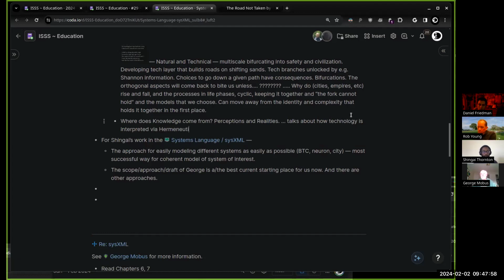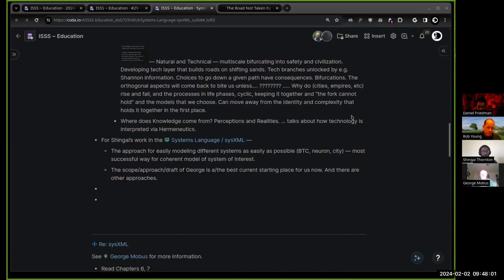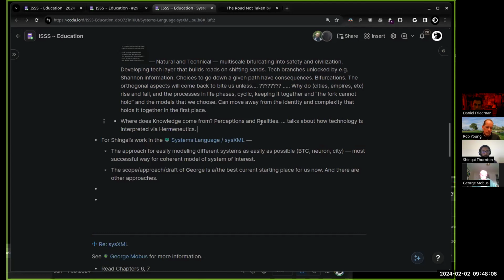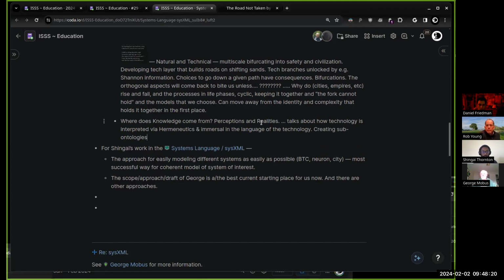When we're using technologies, we're immersed in the language of that technology, and that entails, let's call it, a sub-ontology of the natural reality that we exist in. So there's this tension between that mediated perceptual base and, let's say, nature as it is.